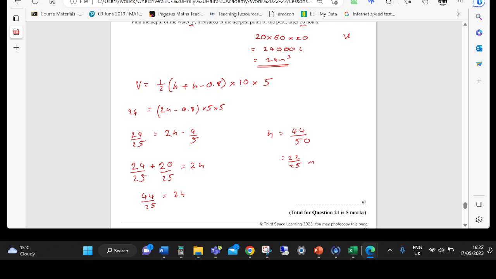Am I happy with that as an answer? I think that's quite a complicated fraction. I could go in the direction of going decimal, so if I double them both, 0.88 of a meter, I think would probably be a better answer.